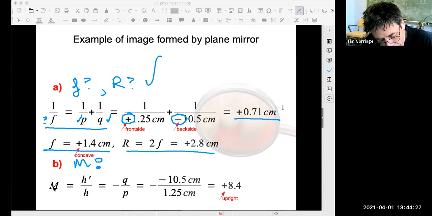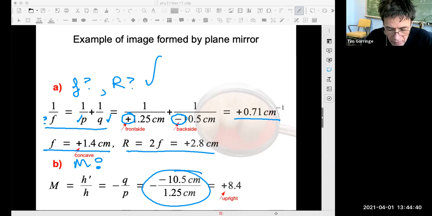And so the magnification equation says that the magnification is the negative of the ratio of the image to object positions. And so I plug them in, remembering again, object position in front of the mirror, image position behind the mirror. And I get a magnification of 8.4.